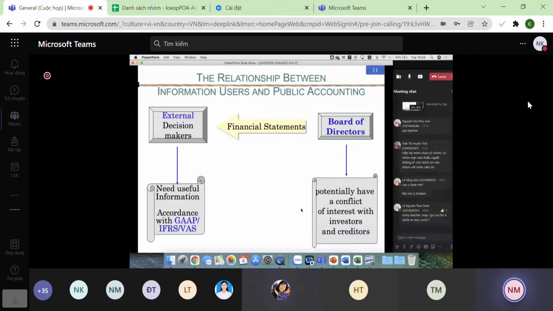That is why we say that the board of directors potentially has a conflict of interest with investors and creditors, right? The investors and creditors need useful information, the real one.